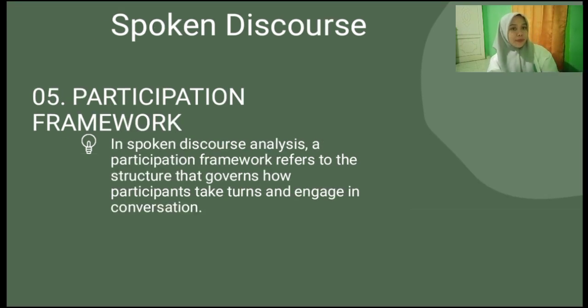Next is participant framework. In spoken discourse analysis, a participant framework refers to the structure that governs how participants take turns and engage in conversations. It includes the rules and expectations regarding when and how individuals contribute to the discourse.